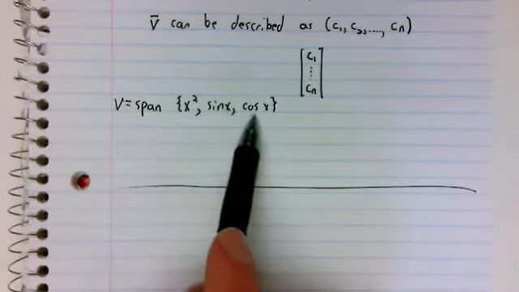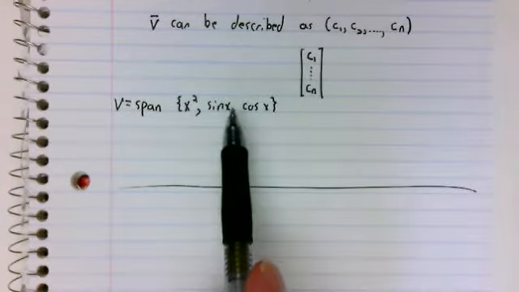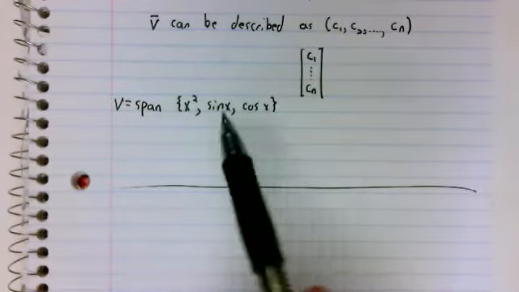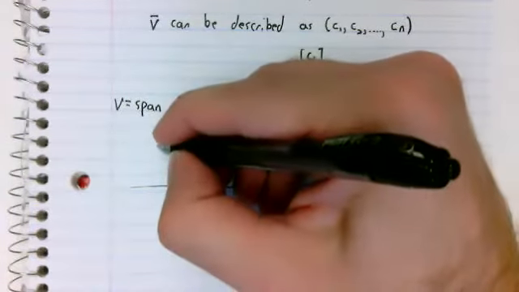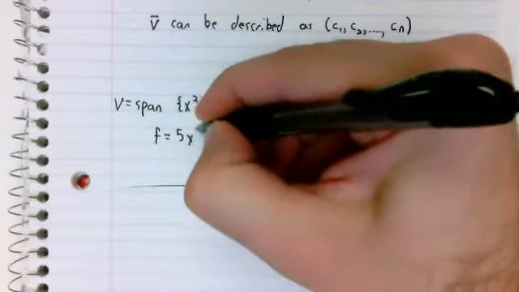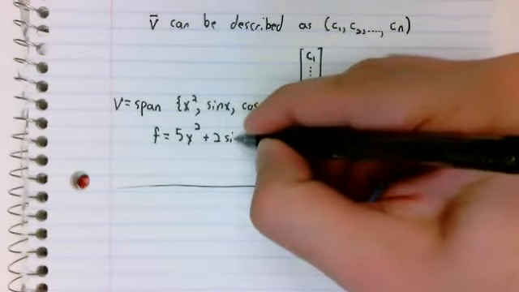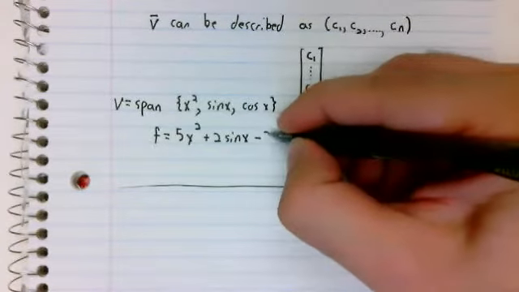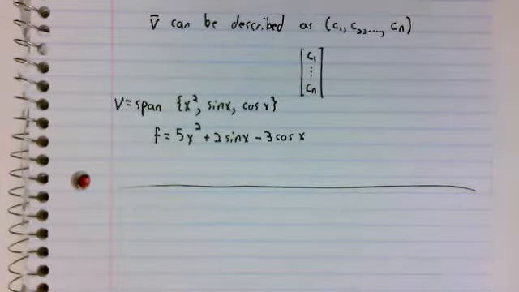And these vectors are linearly independent. You can't combine the sine and the cosine linearly to get x squared or anything like that. So an element in this vector space might look something like this.